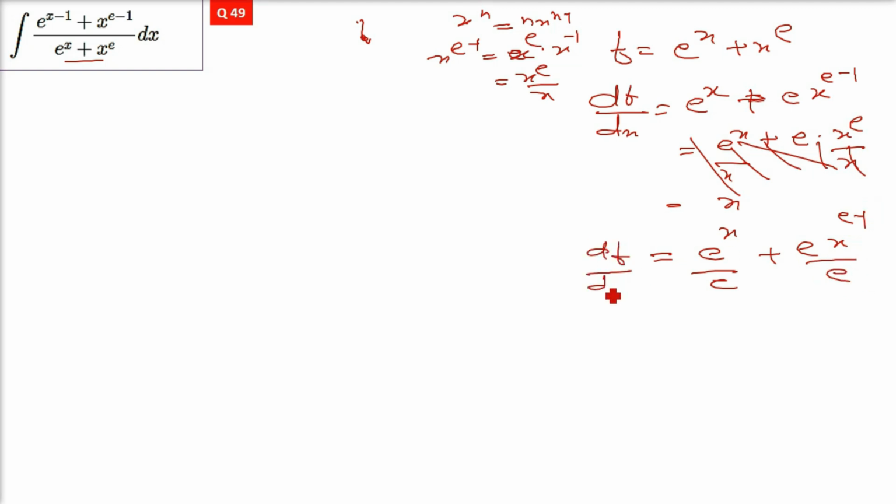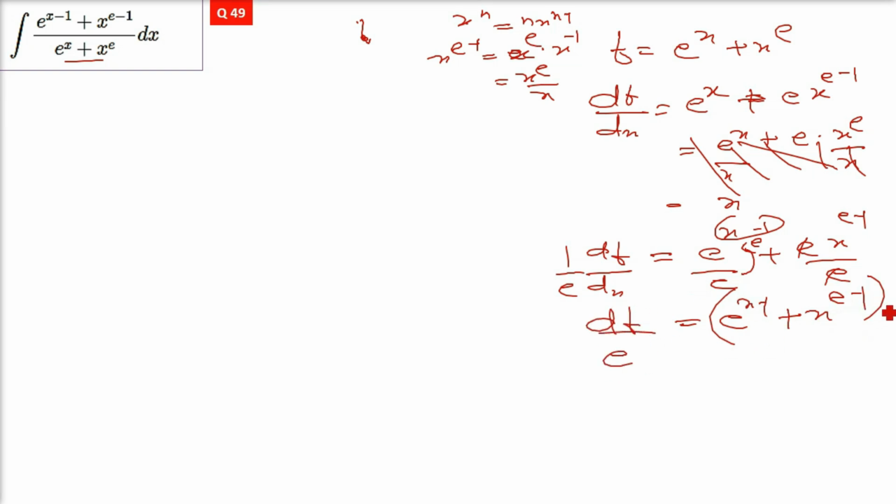So I divided everything by e. So I have to divide the e on the left hand side also. So e raise x divided by e will give you e raise x minus 1. Here e gets cancelled, so x raise e minus 1 remains. 1 by e is there, so dt by e is equal to the numerator already. So this numerator is simply dt by e.